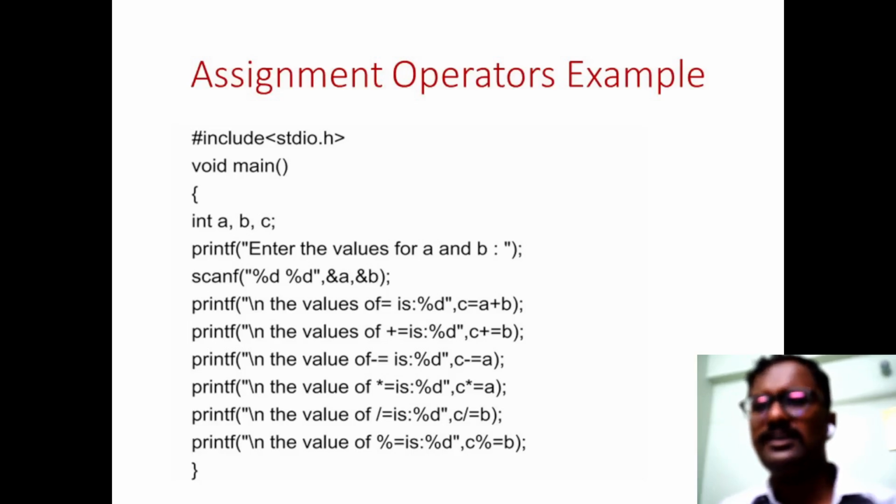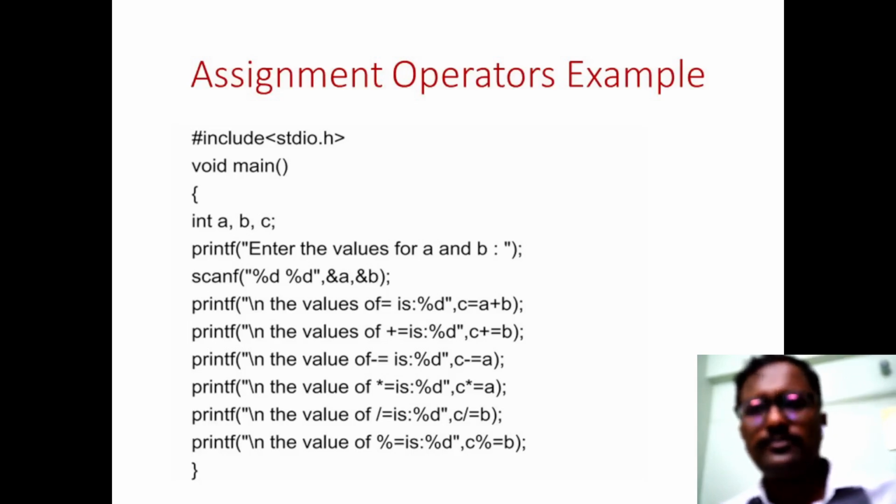Okay, I am going to move on to the variable declaration. What we are using here is int a, b, c. These three integer variables a, b, c are declared here.